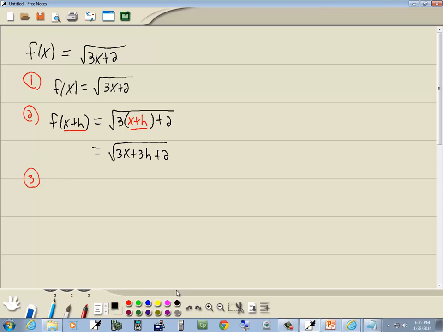Step 3. Plug it into our formula here. f prime is equal to the limit as h goes to 0 of f of x plus h minus f of x all over h.